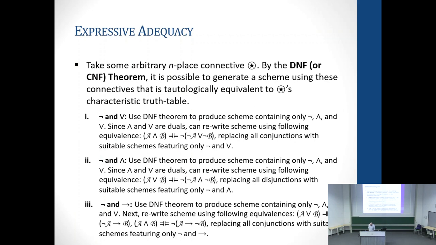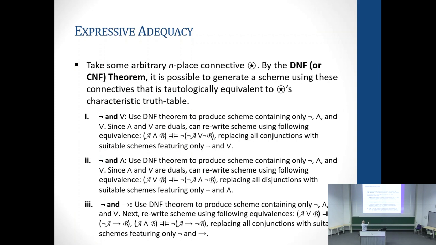But here's a sort of sketch of a proof for this. Take some arbitrary n-place connective. We'll just use circle star. By the disjunctive normal form theorem, that is, for every TFL sentence you can turn it into DNF, it's possible to generate a scheme using these connectives, tautologically equivalent to circle star's characteristic truth table. So let's talk through the first one.